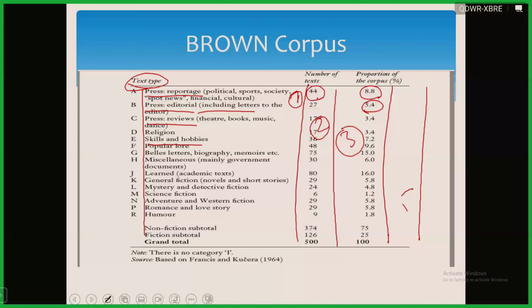For example, there is text type 44, and they have also talked about proportion. So, number of words. This is another column you should also add when you write down the methodology of your thesis or research paper. And how are we going to calculate the proportion of the corpus?